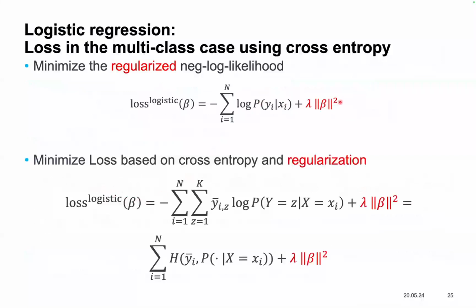Just as we regularized the negative log likelihood before, we also put this into the picture and therefore regularize the cross entropy between the empirically observed distribution and the distribution that we encode with our model. And we add a punishment in the form of punishing large weight vectors.